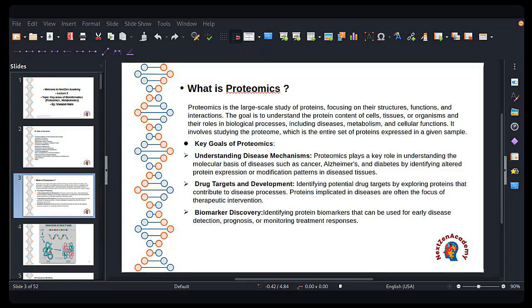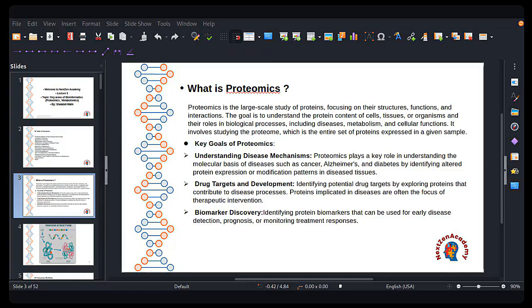These are specific molecules present in our body. You will understand this term after a few slides, where I touch the topic of cancer proteomics.